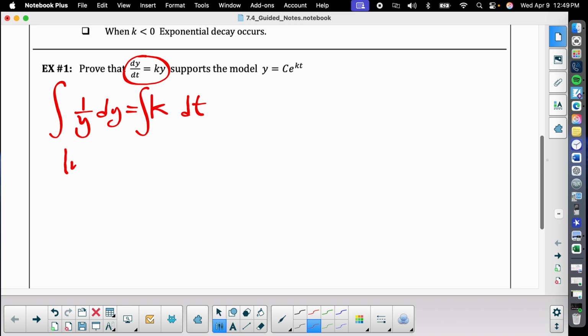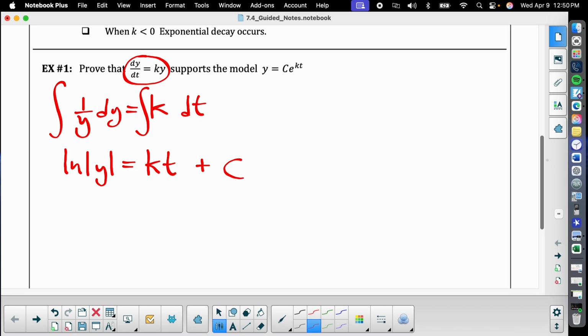This would be ln of y. So just a number, if you integrate it, would be kt. And then we are going to add the constant at the end. And this is pretty much exactly like the one we did yesterday, if you remember it. It was the one in the notes where c will be a multiplier.